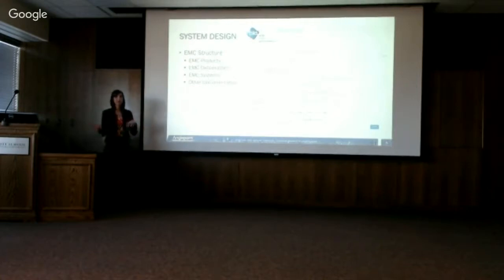So the EMC team was pretty simple. And because I'm on the EMC team, I knew the structure, and so I had an idea for it. You see a screenshot on the side there, and we have sections like deliverables, systems, products, which these are EMC's products, and then we have a section for other documentation that doesn't fit in all of these categories.